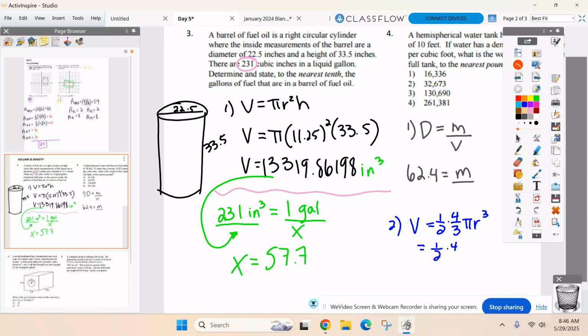1/2, 4/3, pi. Be careful. Make sure that the diameter is 10, so we're using 5 for the radius. And type it in your calculator slowly. You guys type like you text, and you guys don't realize there's no autocorrect on your calculator.